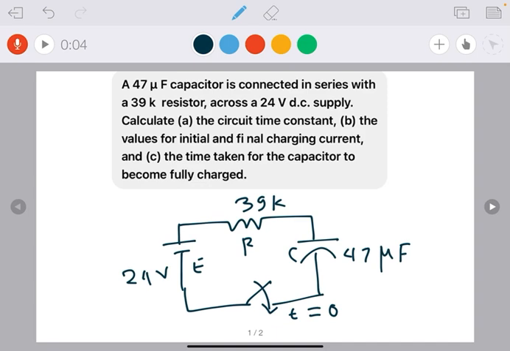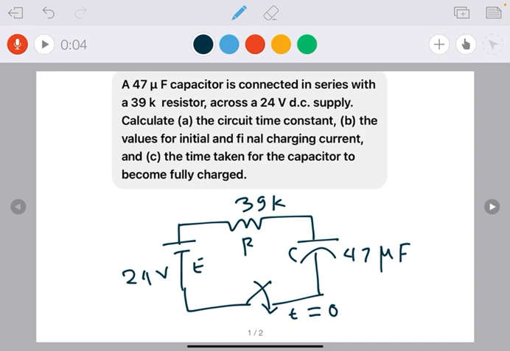Initially, the voltage was 0 and it doesn't change instantaneously. So when the switch is closed, the capacitor voltage still remains 0. It can be shown mathematically as well, but I will just talk about it physically here. So the voltage across the capacitor is 0. That means the capacitor is basically short circuited initially.